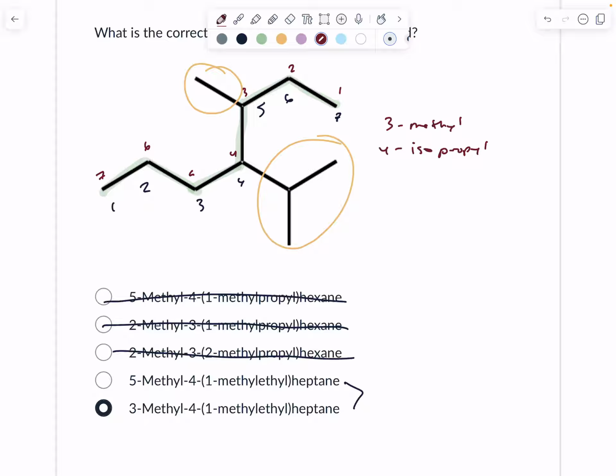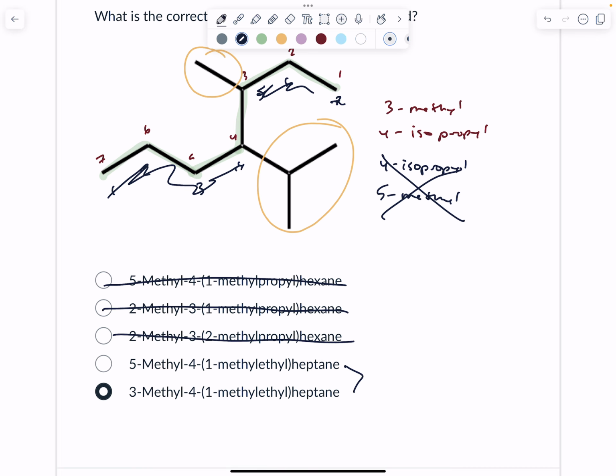If we go with the navy colored one, it's 4 isopropyl and 3 methyl. Nope, 5 methyl. Sorry, I was looking at the wrong one. Even with color coding, I do that. So this is not the best option. We're going to go with maroon, so we can ignore all of these. Those aren't the numbers we're looking for. Now I'm going to combine this all together, and I comes before M, so I would name this 4-isopropyl. Actually, I'll do this in maroon.